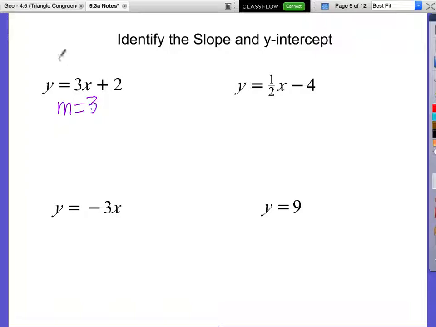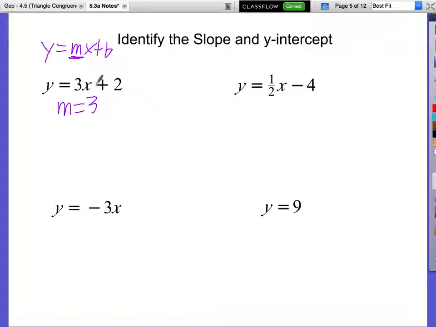So the form is y equals mx plus b. We know where our slope is going to be because it's going to be with the x, but it's not going to include the x. Blake, you have the right idea that it was right next to the x, but the x is not part of it.